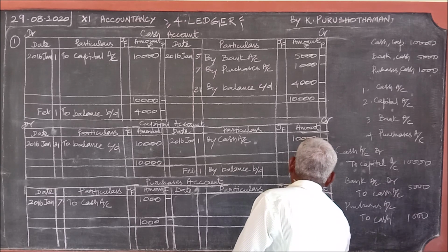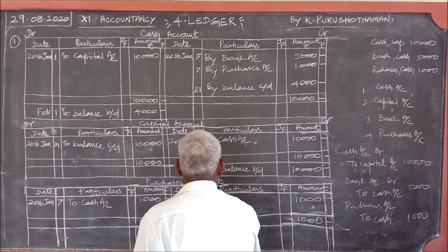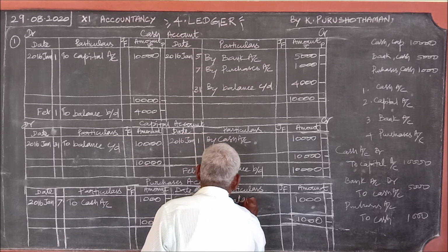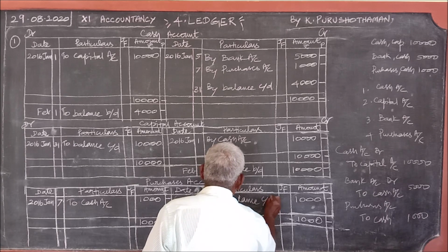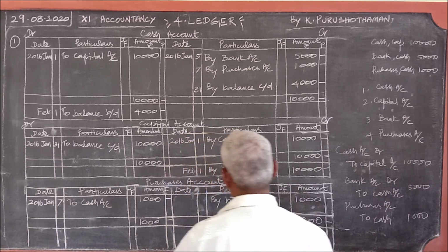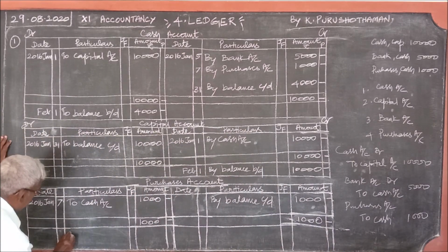You write the missing amount, that is the balancing amount, and against it you write balance carried down. Since it is on the credit side, we have written "by". So by balance carried down. And the opposite side of carried down will be balance brought down.